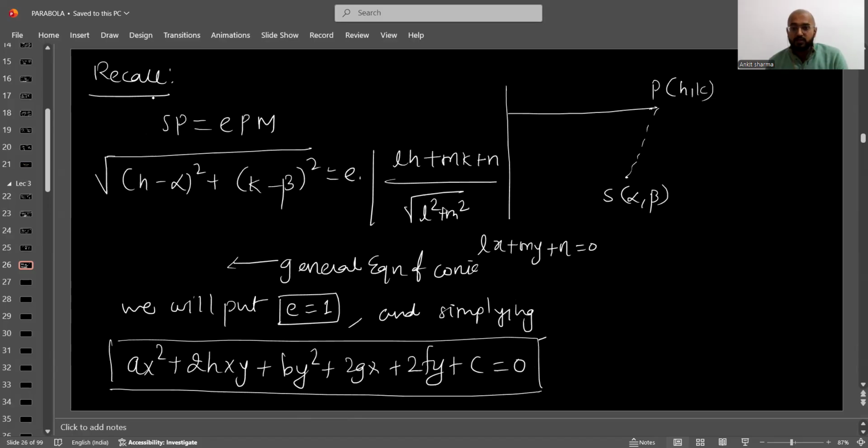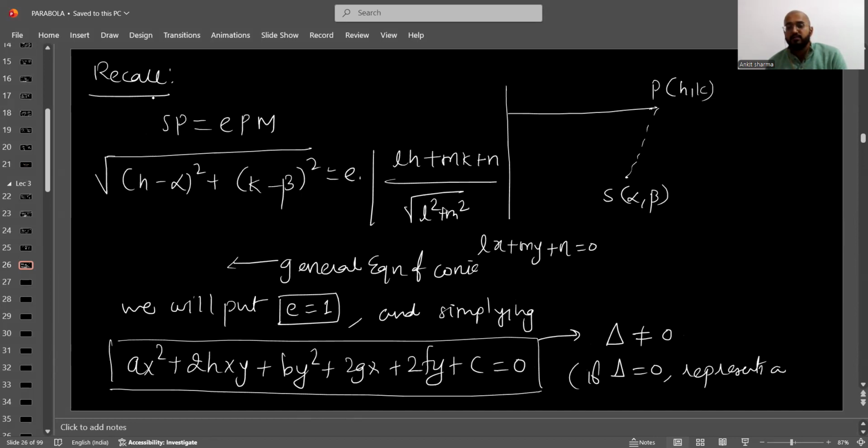Now what we need to know is, for this general equation of a conic, the determinant delta should not be 0. Because if delta is equal to 0, then this equation will represent a pair of lines.